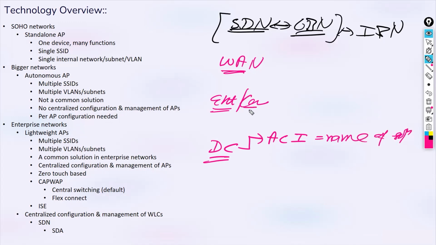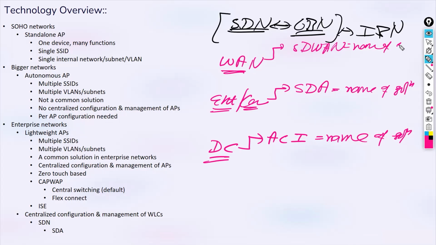Similarly, for enterprise and campus networks, the name of the solution is SDA, Software Defined Access. There is an interesting story why it is called Software Defined Access. We'll get into that later on. But for WAN, the product name is SD-WAN, the name of the solution.